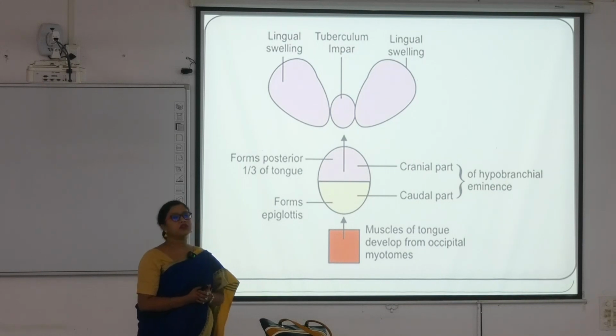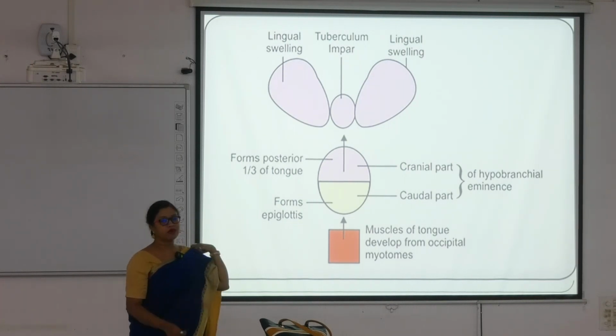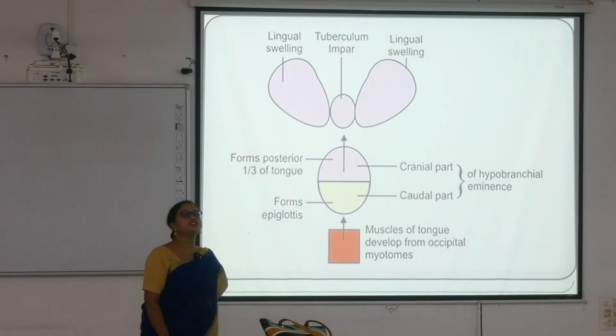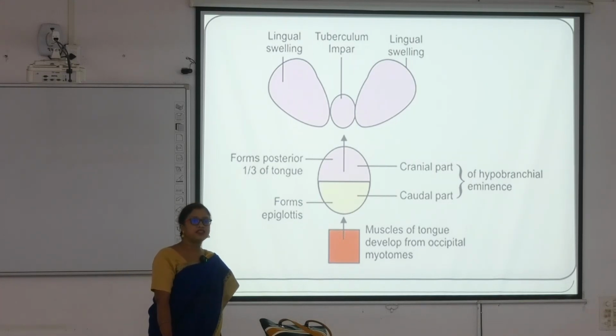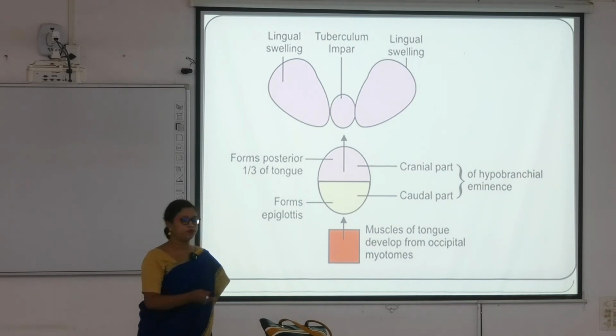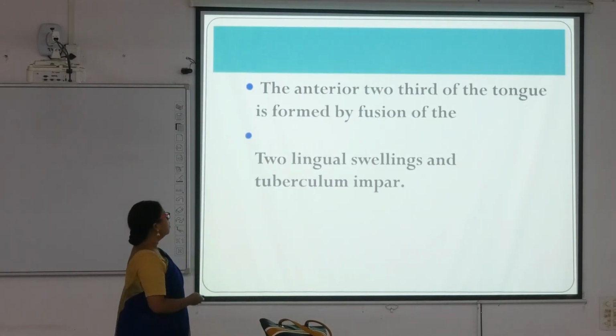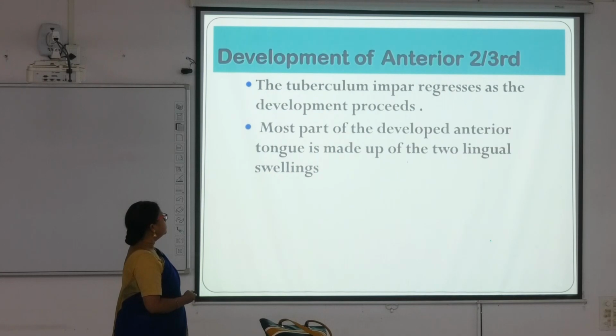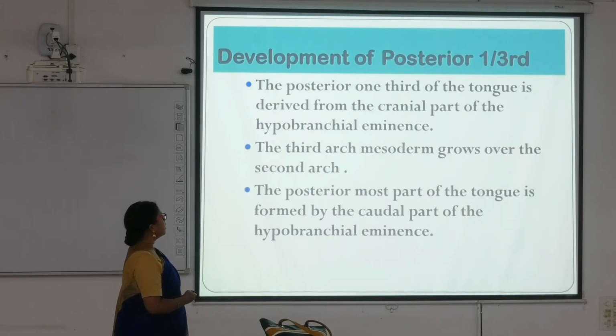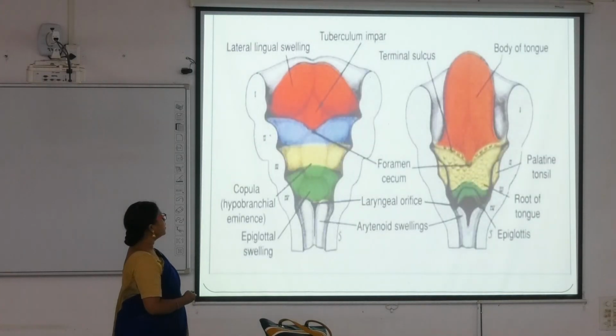As the tongue muscle is a type of skeletal muscle, it is a voluntary muscle, not like the other muscle in our body. The other muscles in the GIT are what? Smooth muscle, involuntary. So that source would be different, but all the skeletal muscle source is the same, that is the occipital myotome.